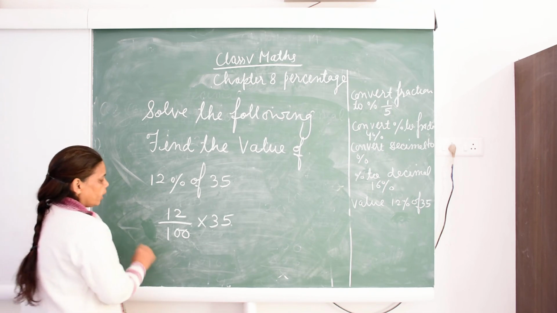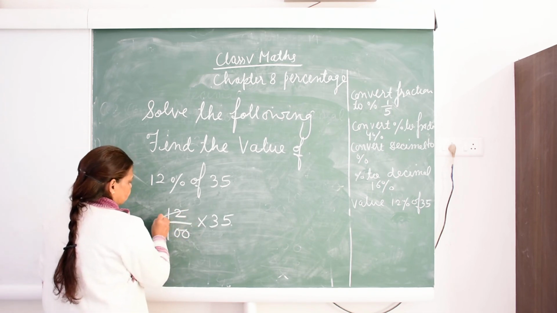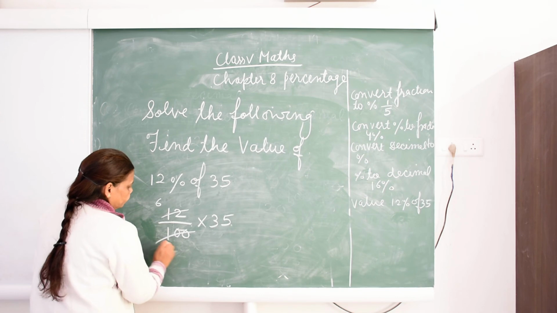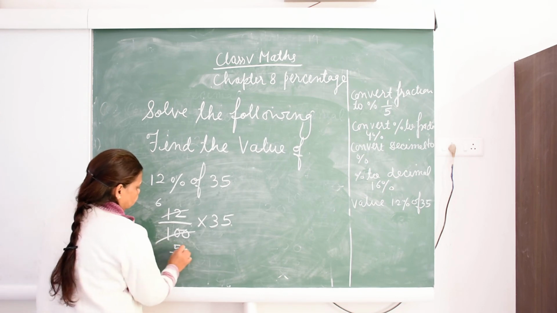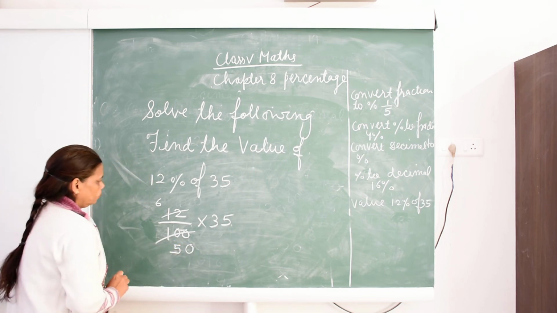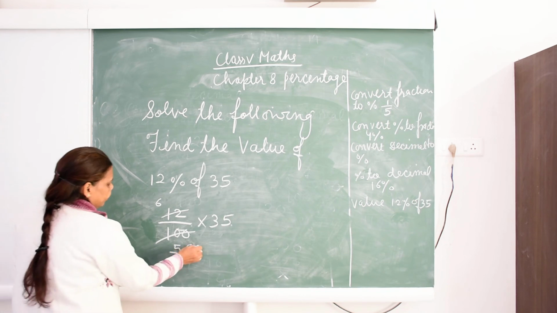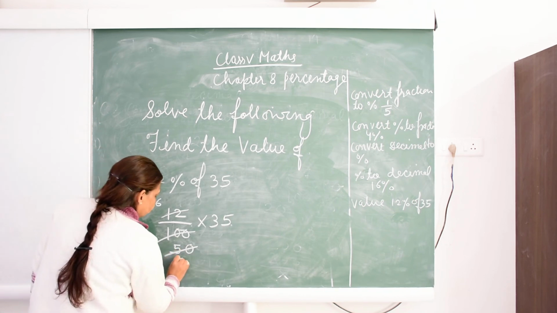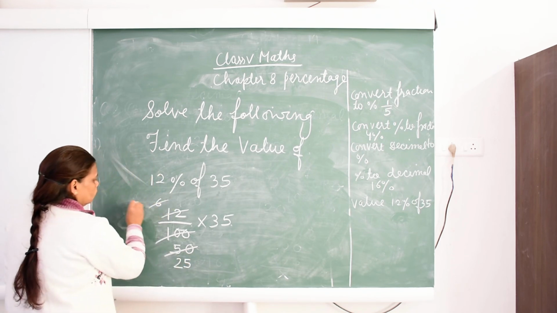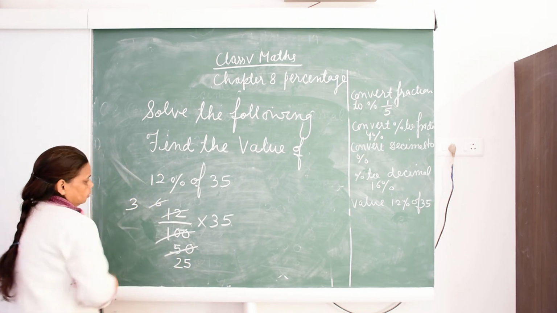Now divide it. 2 6s are 12. 2 5s are 10, again divided by 2, 2 2s are 4, 2 5s are 10.